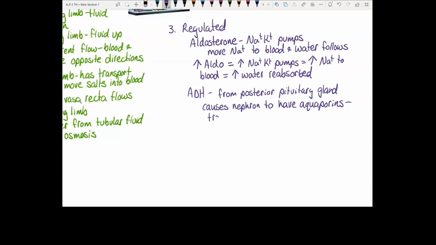Aquaporins are transport proteins for water. They move water into the blood.